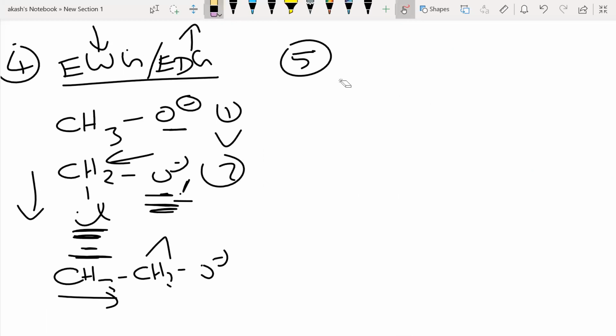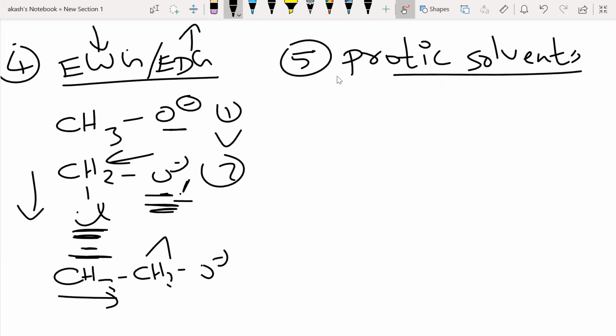I would say not even polar solvents, but polar protic solvents. I'll call them protic solvents.